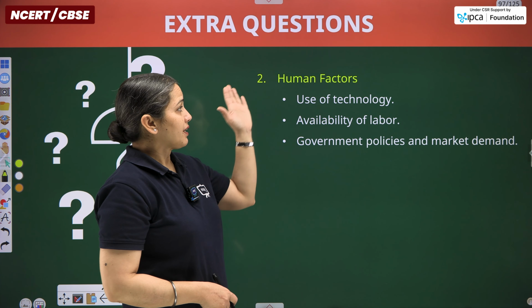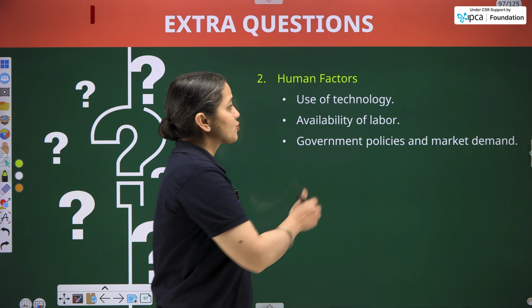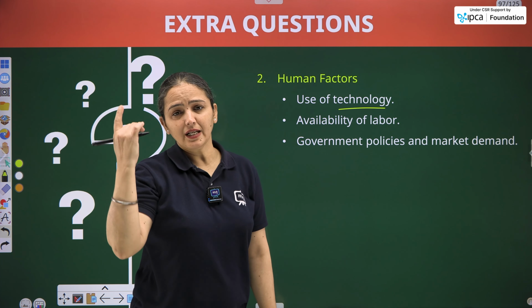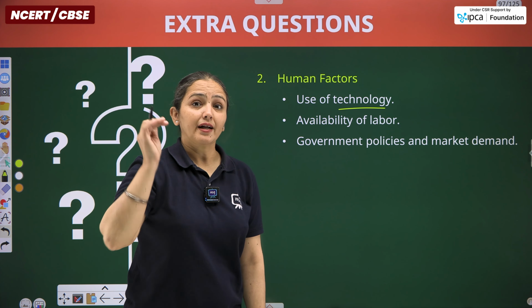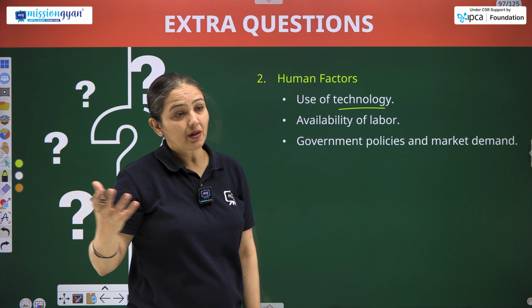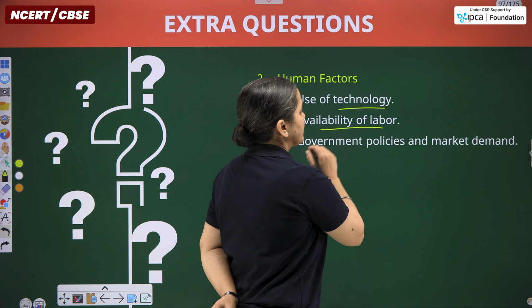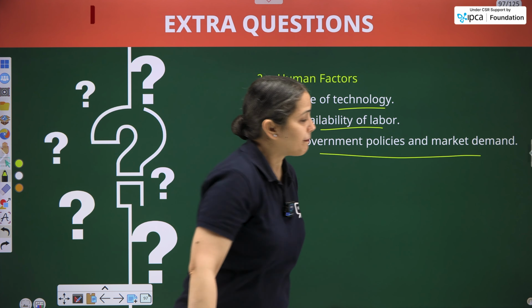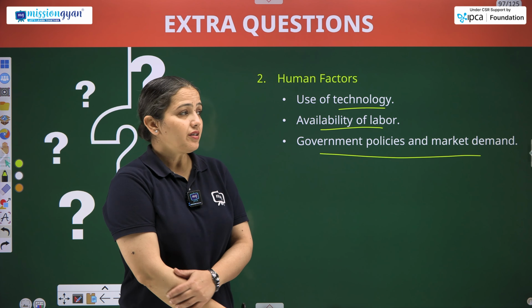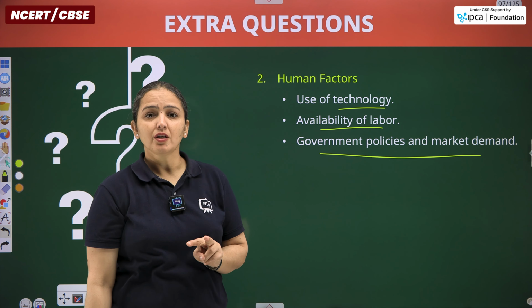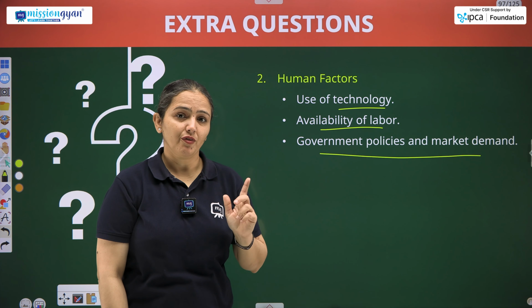Talking about the other factors, that is human factors: use of technology, HYVs, pesticides, fertilizers, then technologically advanced or developed manure, that is urea, availability of labor, government policy and market demand. All these factors depend on the human. So, there are two types of factors, physical and human factors.